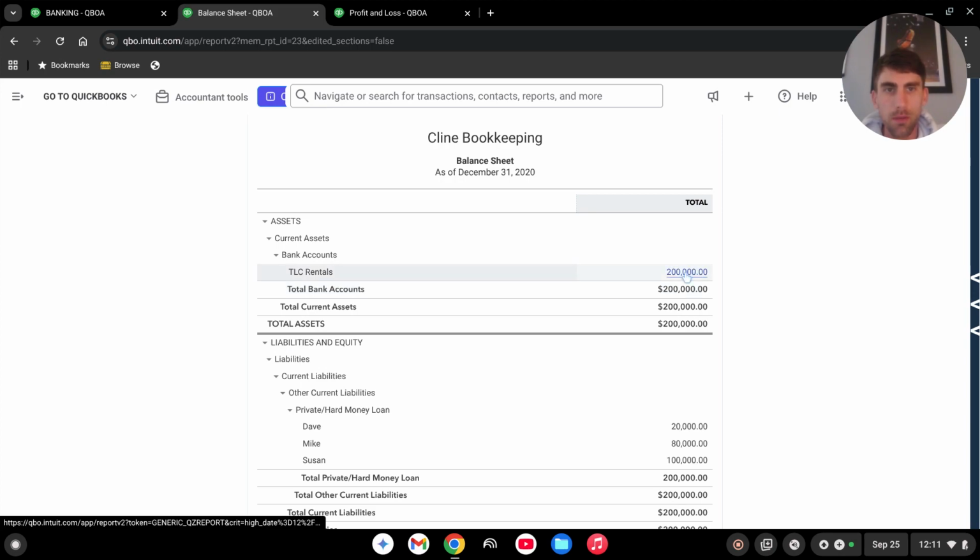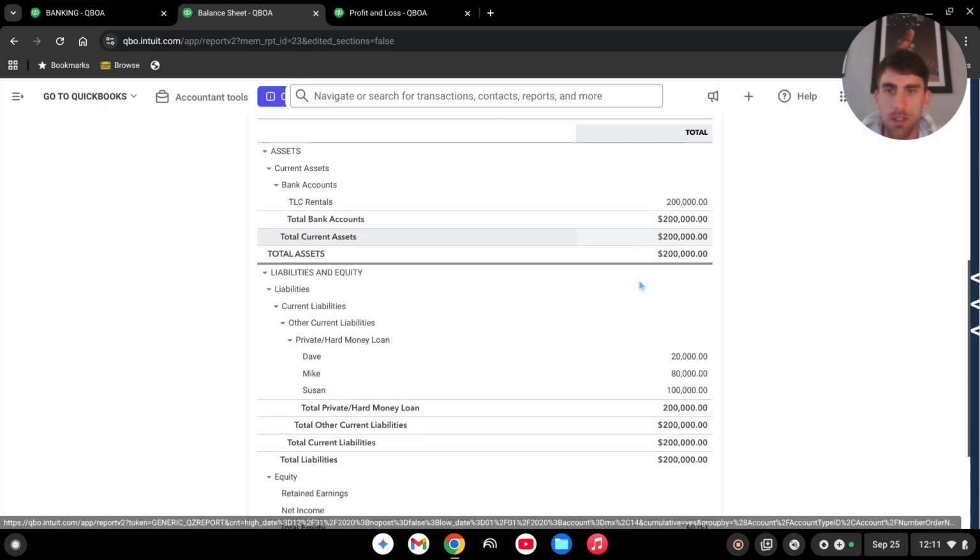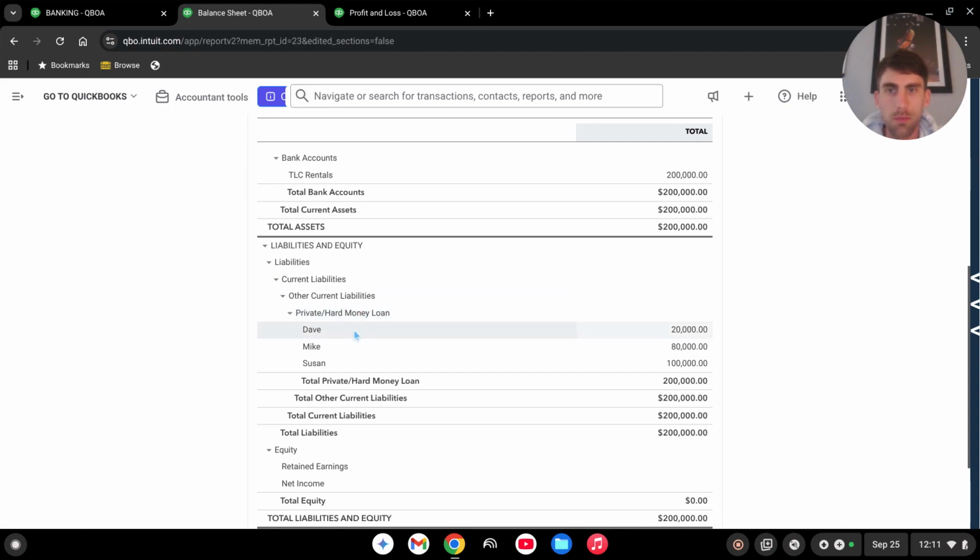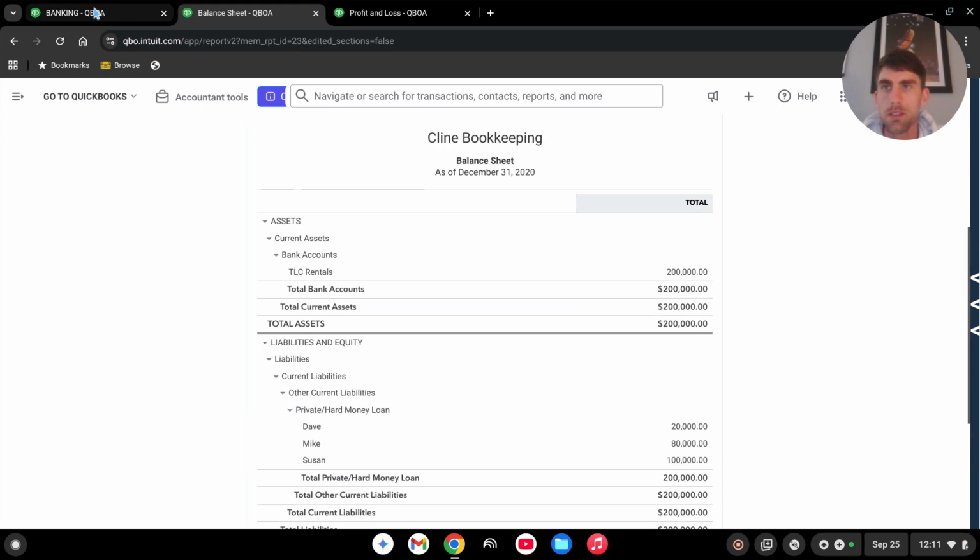This is the money that we received. And here's all of our liabilities, Dave, Mike, and Susan. This is what we owe back to them after we're done with the project.